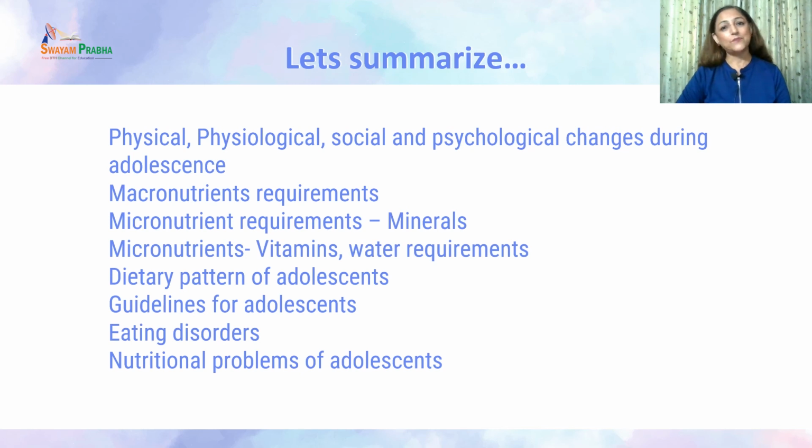And then we studied about the macronutrient requirements, in which we studied about the energy requirement, protein requirement, fat, carbohydrate, fiber, and then we studied about the micronutrient requirements of minerals, and in this lecture we studied about the vitamin requirements of water soluble and fat soluble vitamins, and then we studied about the water requirements of adolescents.